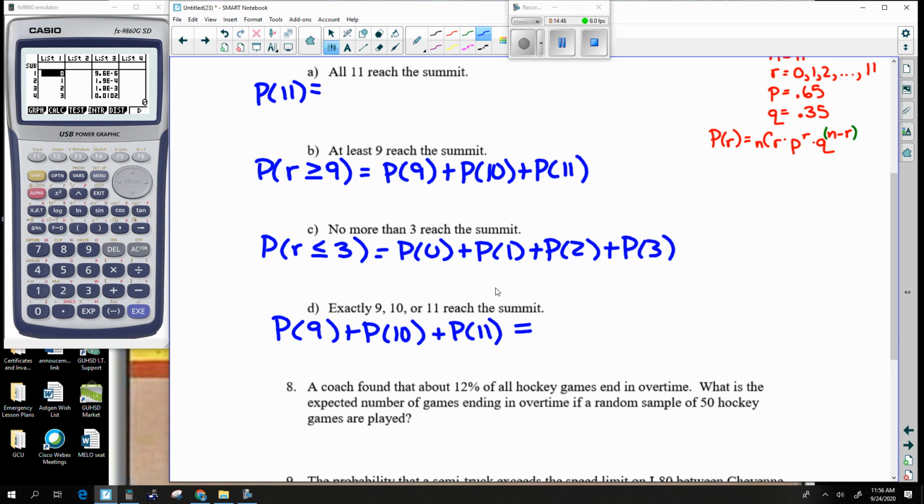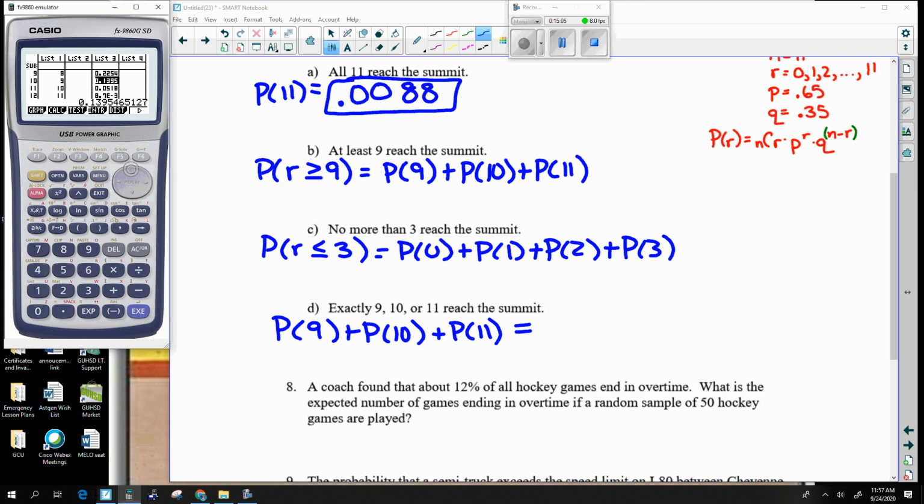Okay, so the probability of 11. Again, I'm looking at list 1 for the 11. There it is. So this is E negative 3. That implies that there's going to be 2 zeros. And then an 8, 7, 5, which would be an 8, 8. Right there.